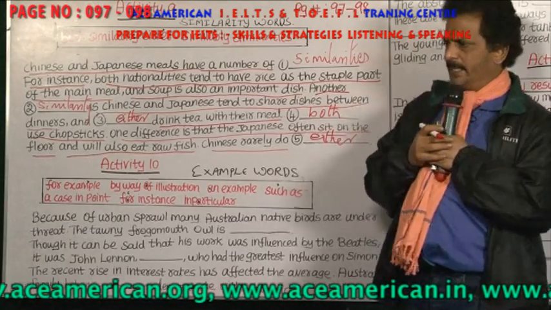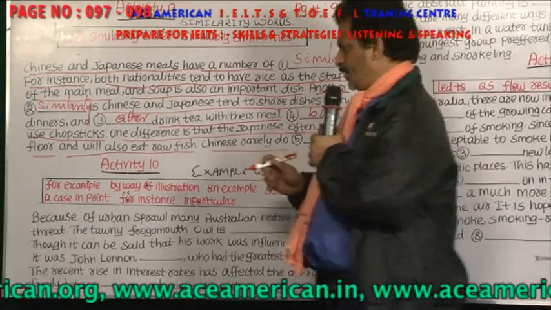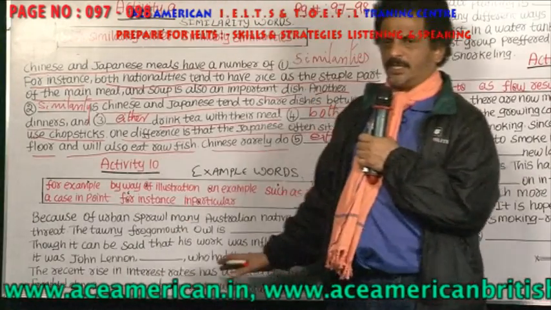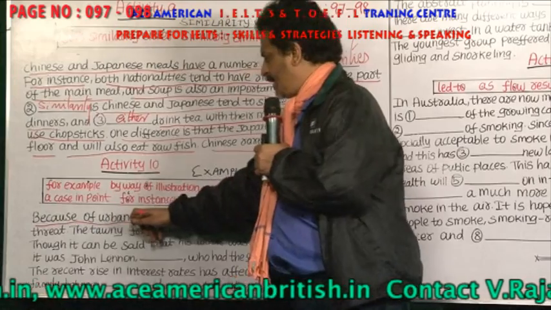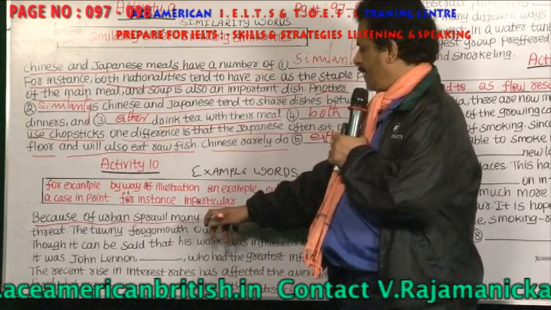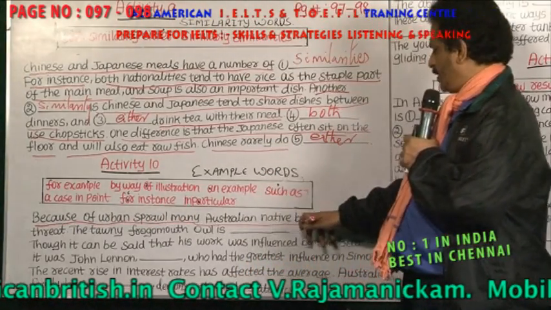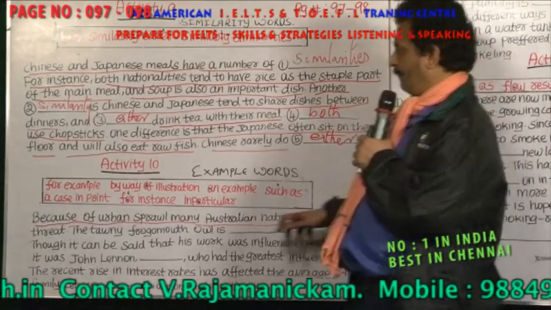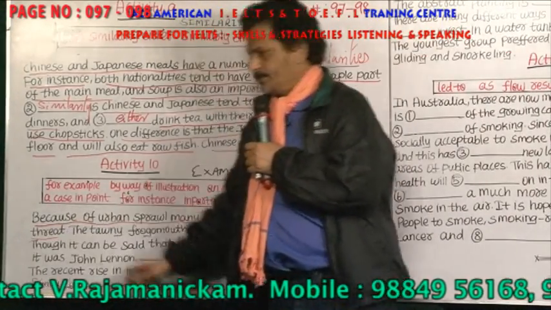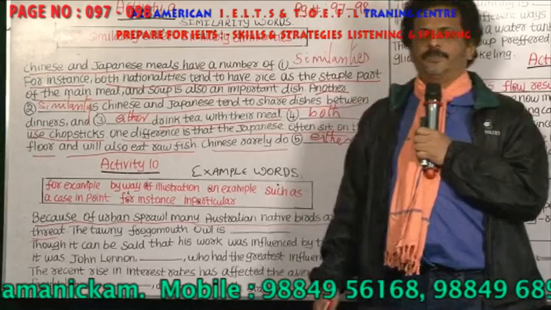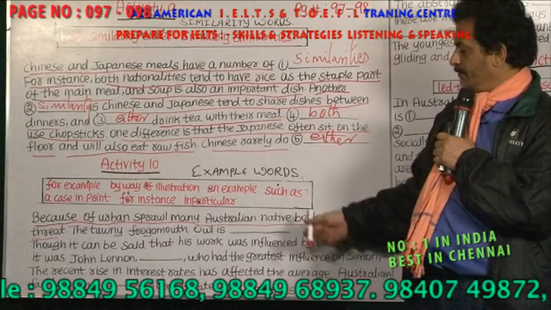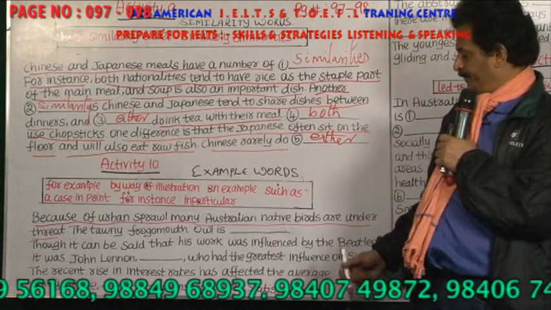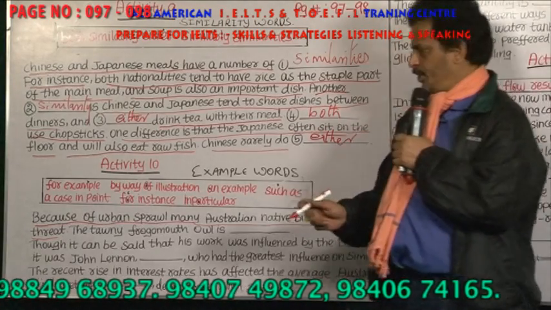In particular. Now coming here, you see the sentence and what are the words you are going to fill in. Because of urban sprawl, many Australian native birds are under threat. Because of all the development of infrastructure, urban development, the life and existence of the native birds are under threat. It is in danger.